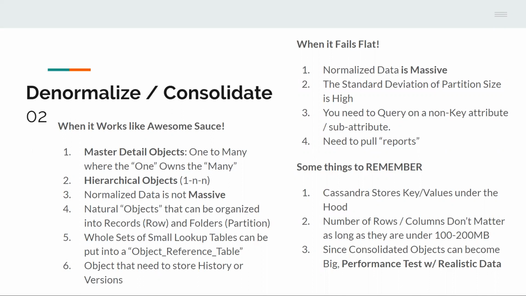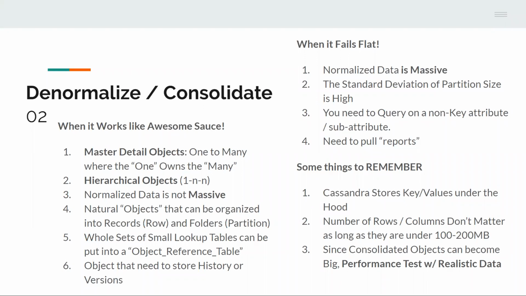Some things to remember here: Cassandra stores key values under the hood. That means you can have as many columns as you want. And you can use what I call like a region of those columns for one type of data and a region of those columns for another type of data, and essentially be able to store many types of data in one table.